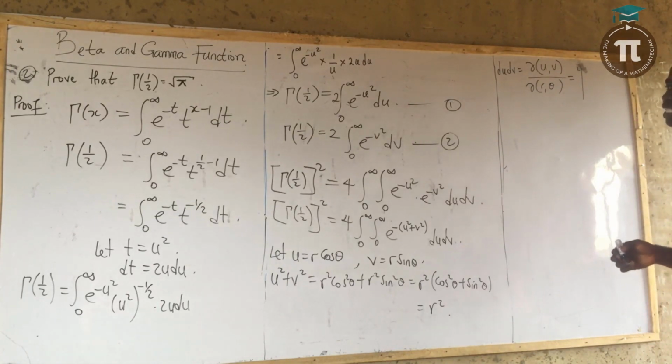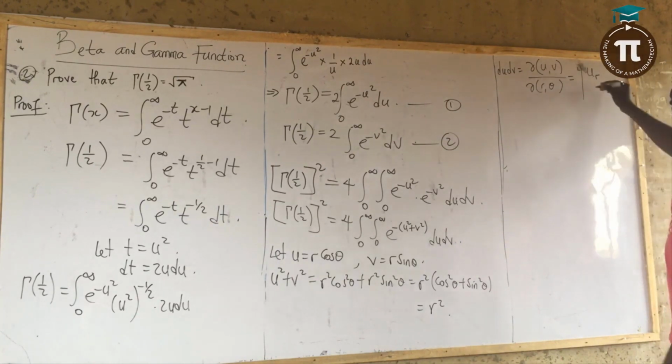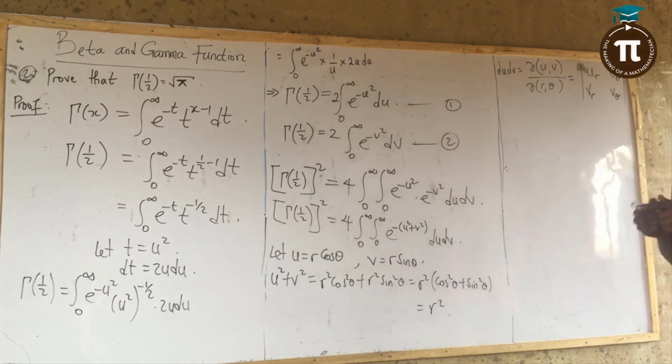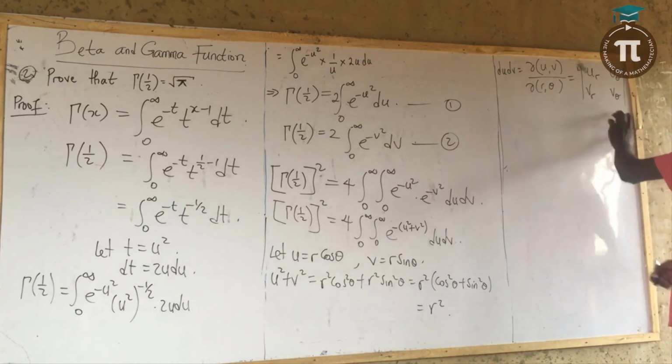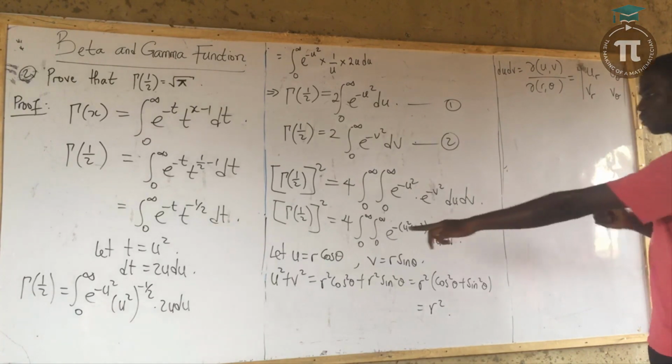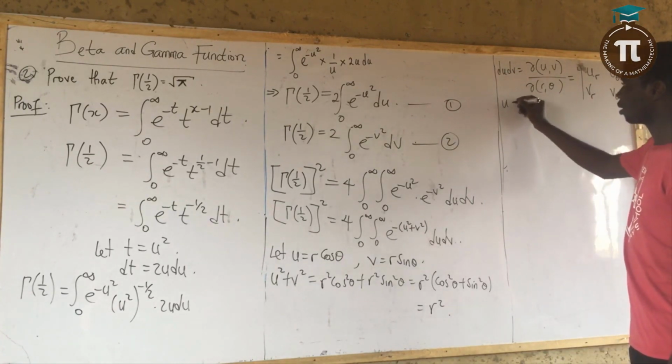And what is the Jacobian of uv? It means the determinant of u differentiated with respect to r, v differentiated with respect to r, then u differentiated with respect to theta and v differentiated with respect to theta. I will find the Jacobian of this.